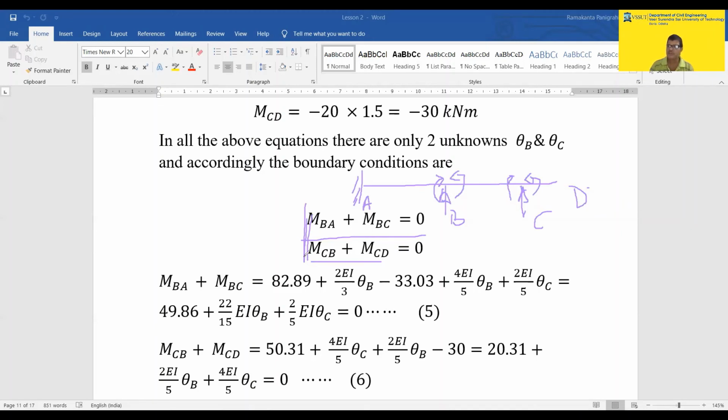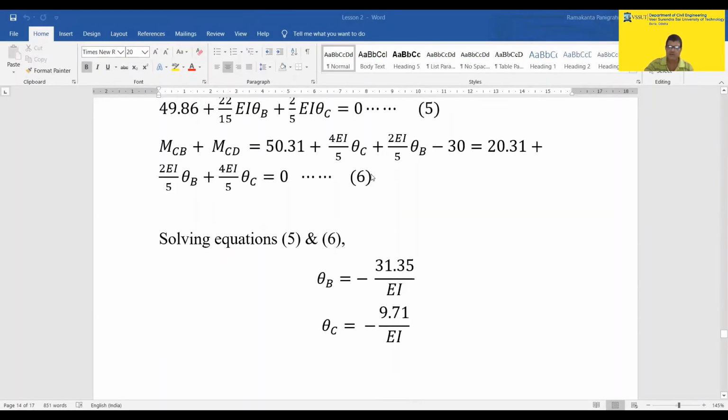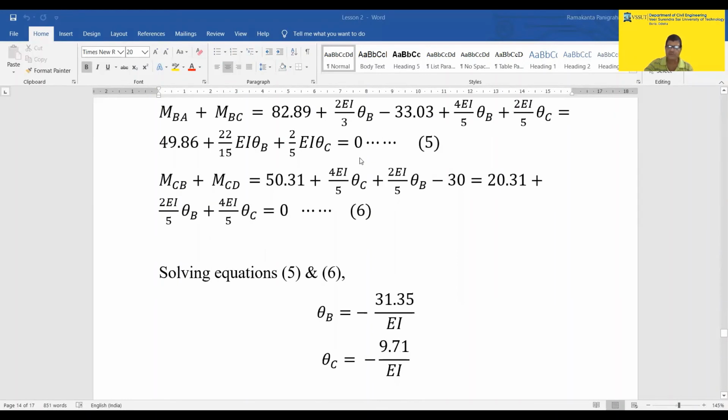So because there are two unknowns, we have to find two equations to solve the problem. Now write all these values, and then we have to write the equations for that. So put the equations MBA and MBC and simplify. I will find equation 5 and equation 6. Now with these two equations, we have to solve the problem.